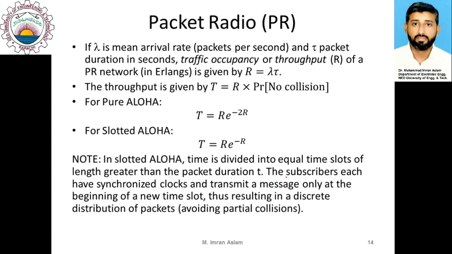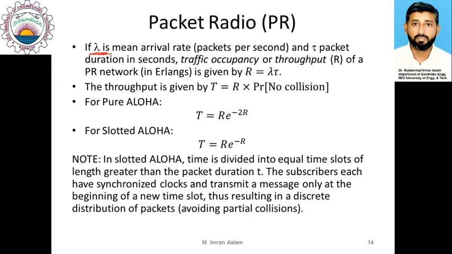For the performance metric, as I discussed, one of the important performance metrics for different packet radio systems is the throughput. So what is the throughput? Assume that lambda is the mean arrival rate, that means the number of packets which arrive per second.